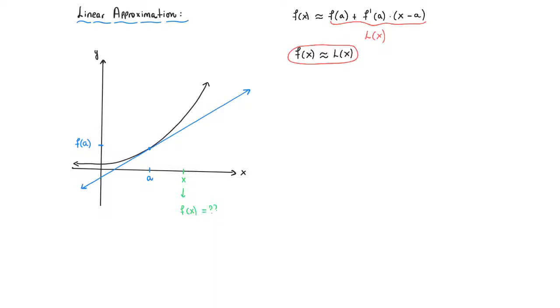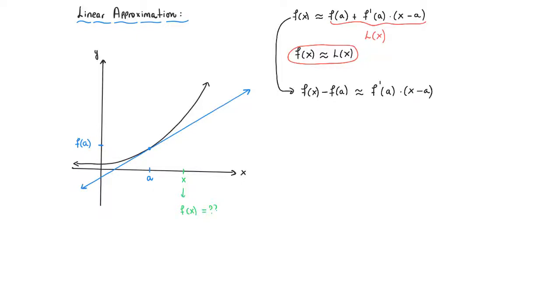I also want you to notice that, in an equivalent way, if I subtract f of a from both sides, I get that f of x minus f of a is approximately equal to f prime of a times x minus a.